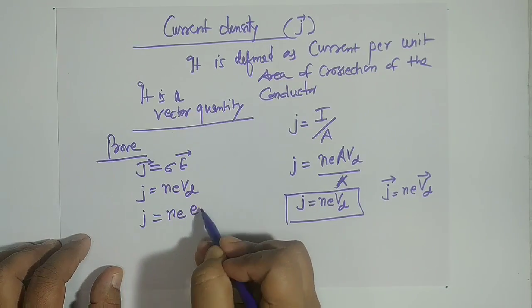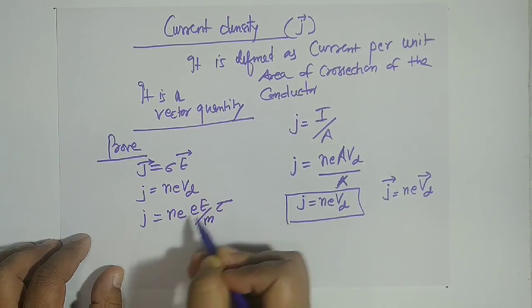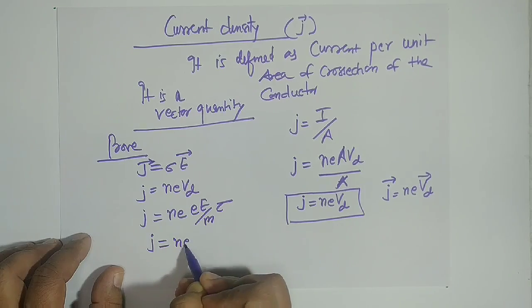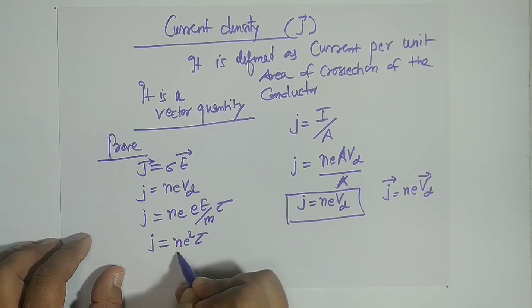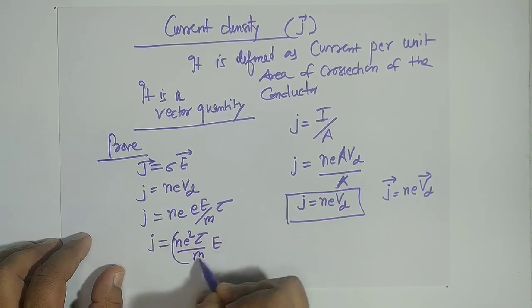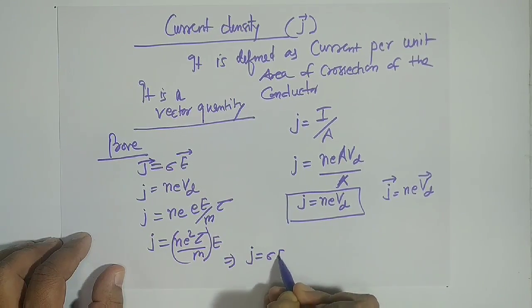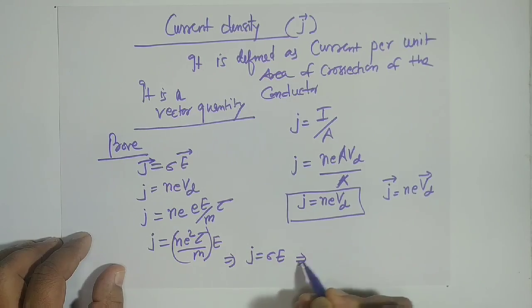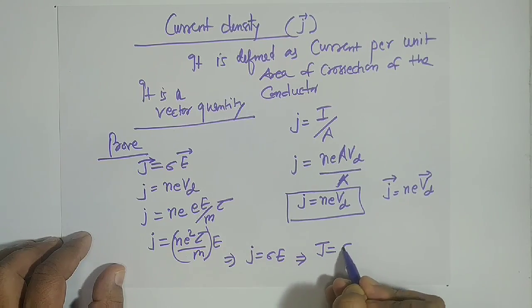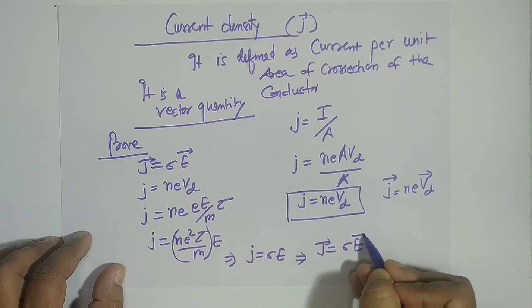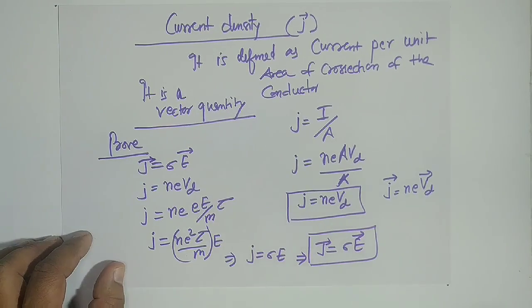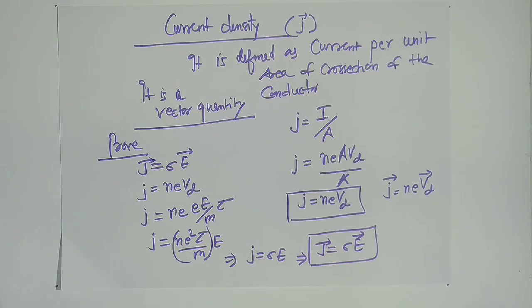You remember eE by m into tau. So J can be written as ne square tau by m into E. Now do you know this value is what? Sigma. So J is sigma E. And finally we can write J equal to sigma E, this is the vector. So this is a relation, very important.